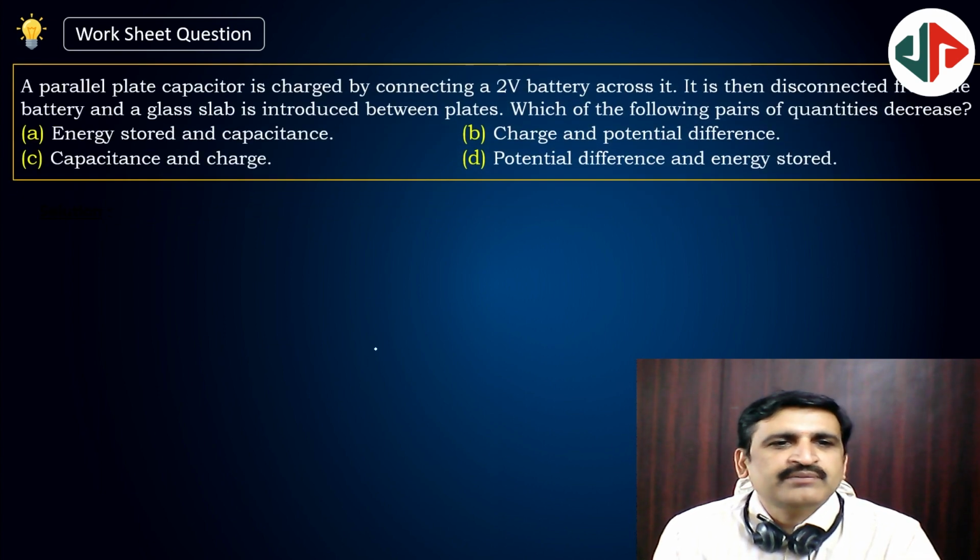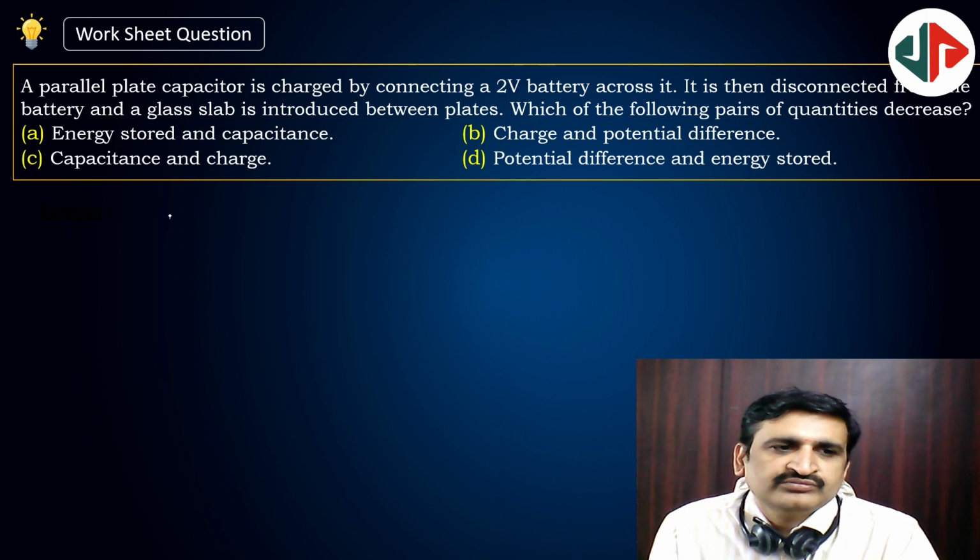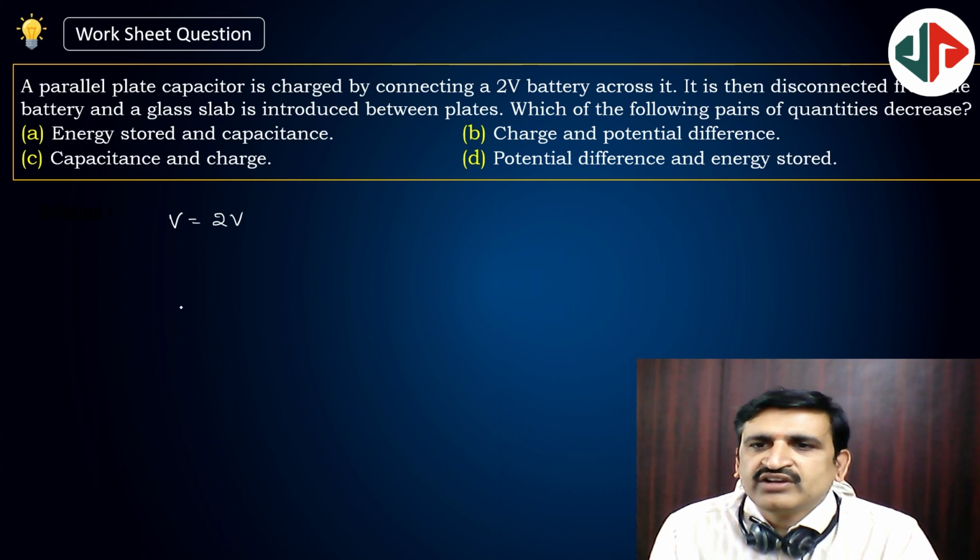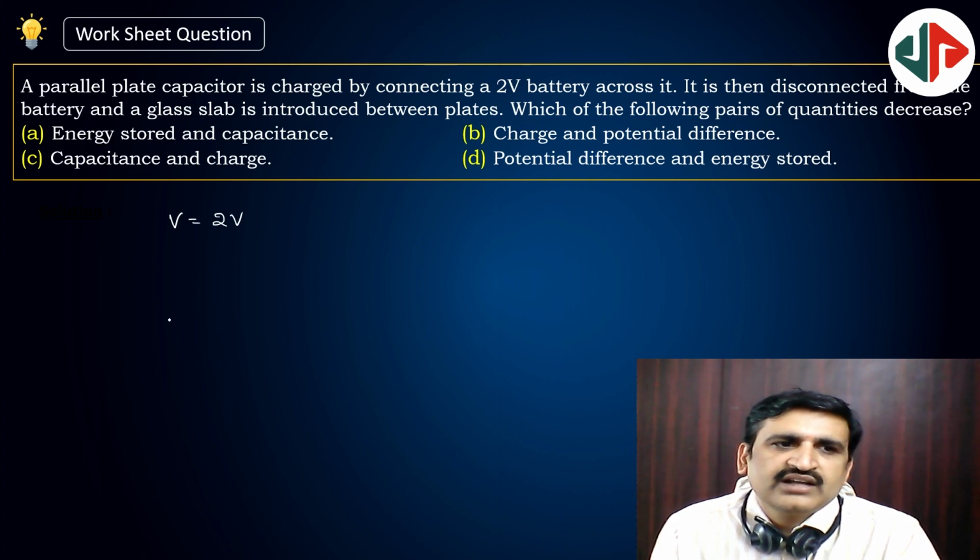A parallel plate capacitor is charged by connecting a 2-volt battery across it. Then it is disconnected from the battery and a glass slab is introduced between the plates. Which of the following pairs of quantities decrease? Okay, battery disconnected.